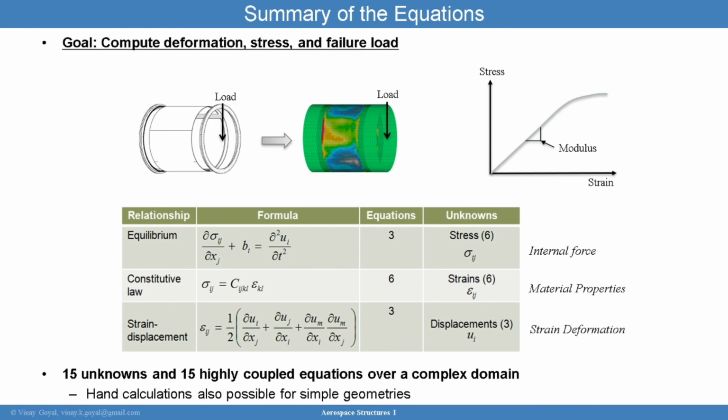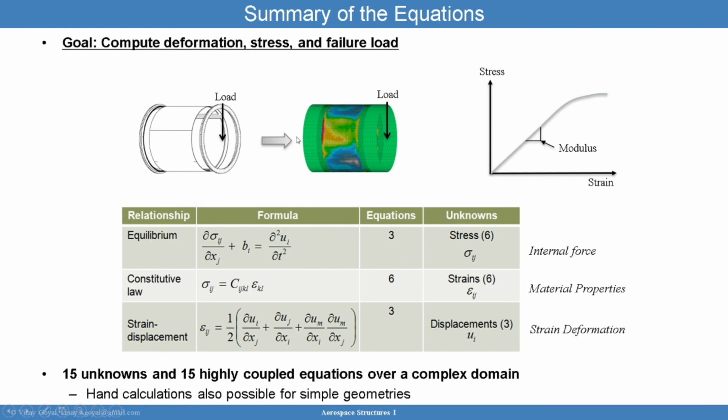And what is the goal? The goal is to be able to take a CAD model, ideally apply a load, and then be able to determine the stresses that form in the body. And these stresses are the ones that are reacting this external load. And you can see the stress can vary across the system.